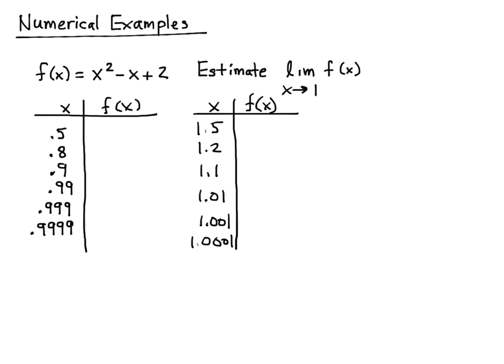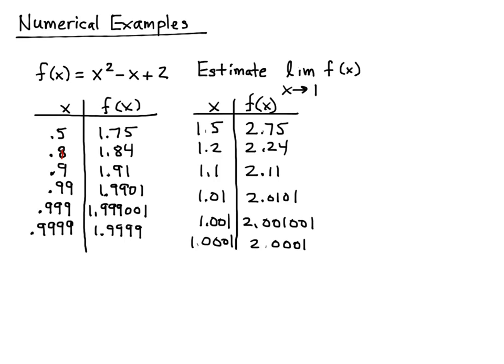If I fill in those values, you can see I get closer and closer to 2, and here I get closer to 2 as well. This is still a little bit above, that's still a little bit below. And so, from a numerical standpoint, we can make a pretty good guess. It doesn't prove it, but it's a pretty good guess that as x goes to 1, this polynomial's value goes to 2.